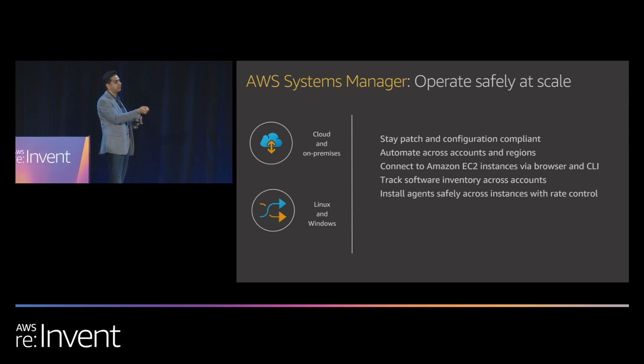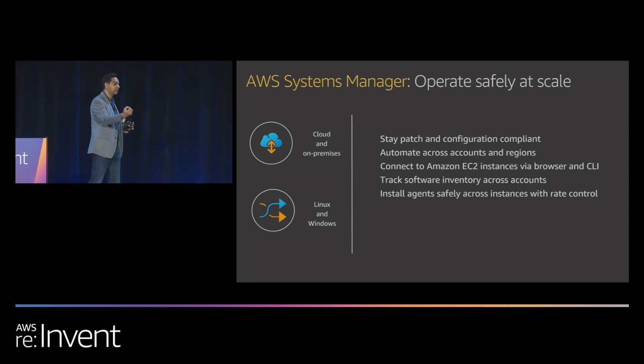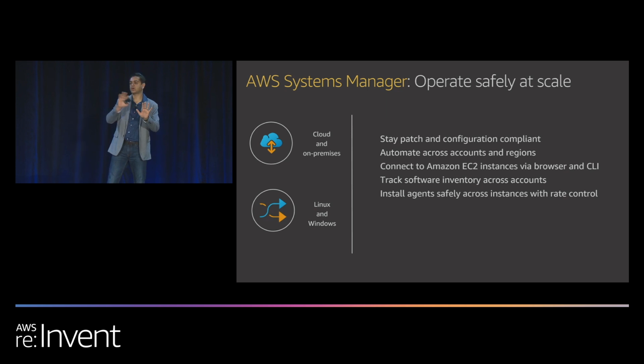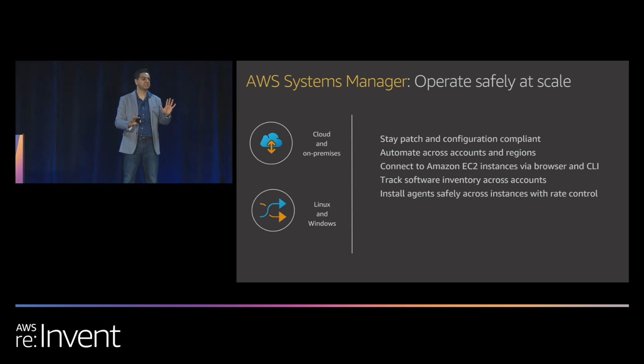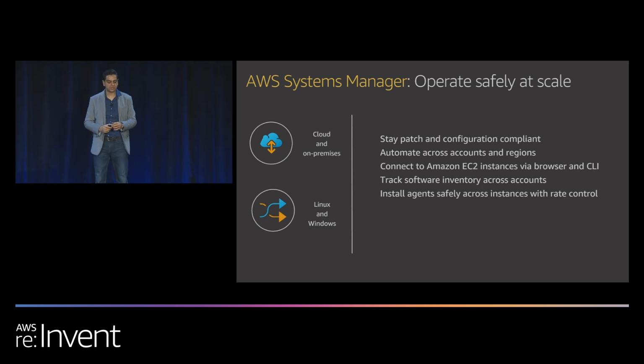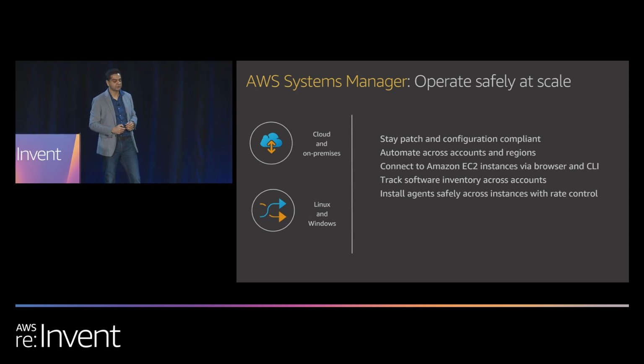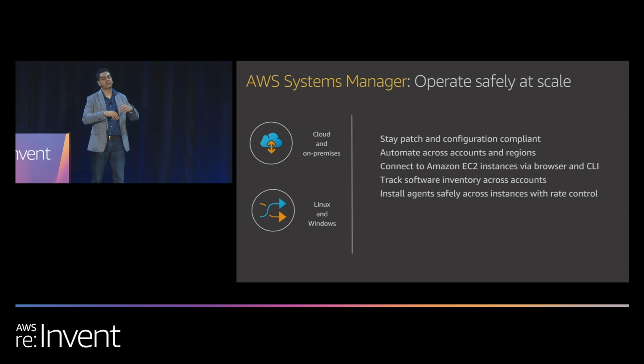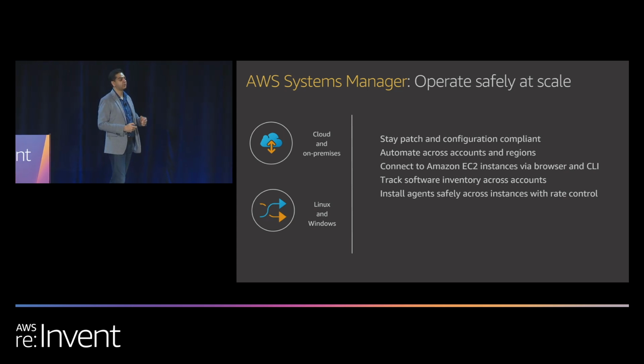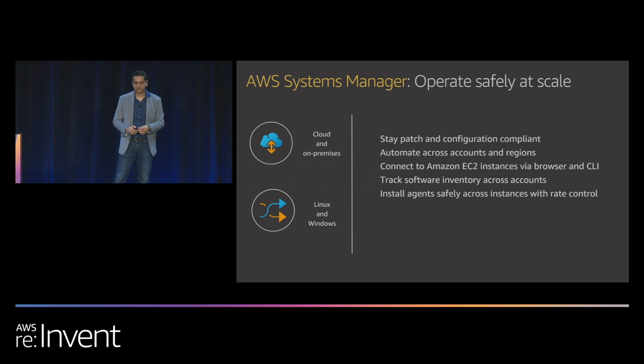You can deploy it on your on-prem VMs and have it tunnel data back into a dashboard where you can look at the health and the software status of not just your EC2 instances, but also your on-prem resources. Again, it makes it really simple to track software inventory across accounts, across different instance types, and across cloud and on-premise. It's supported for Linux and Windows.